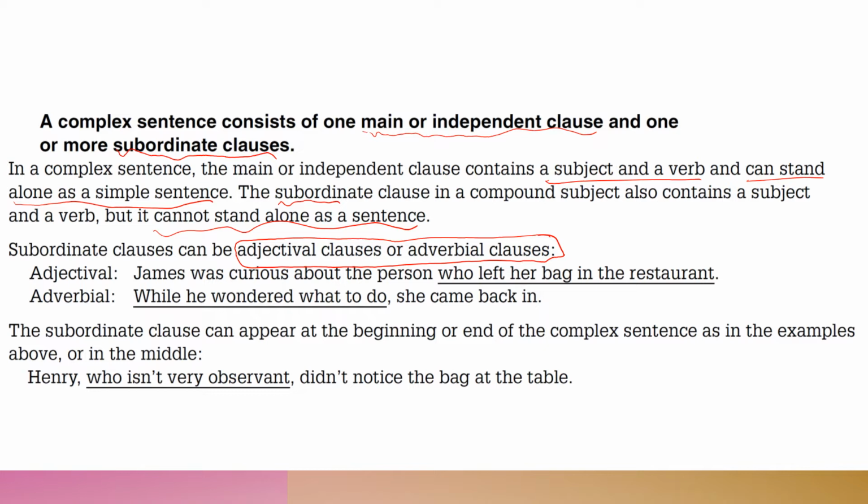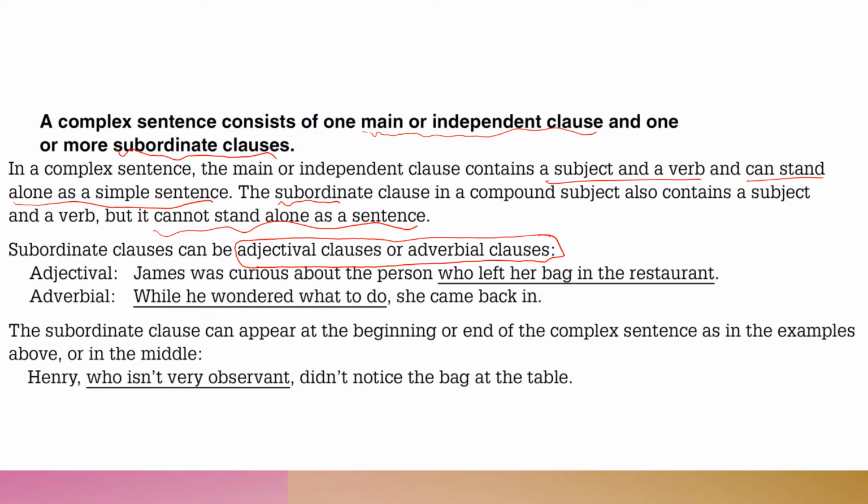So adjectival, for instance: James was curious about the person who left her bag in the restaurant. Here, James was curious about the person, this one is independent. Who left her bag in the restaurant, this is a subordinate clause. Precisely, it is an adjectival clause.